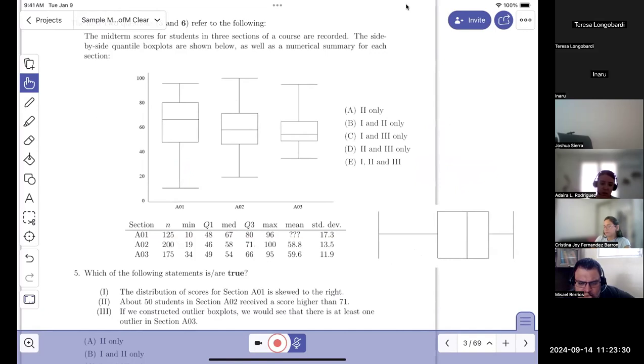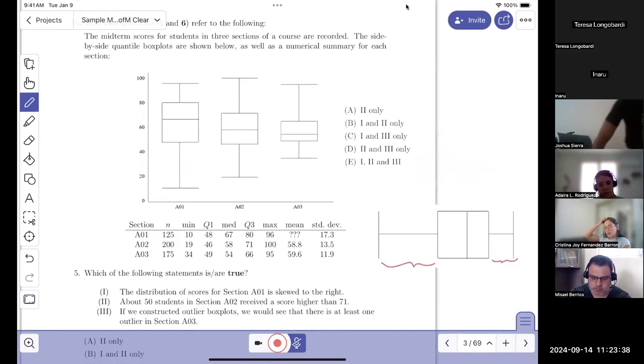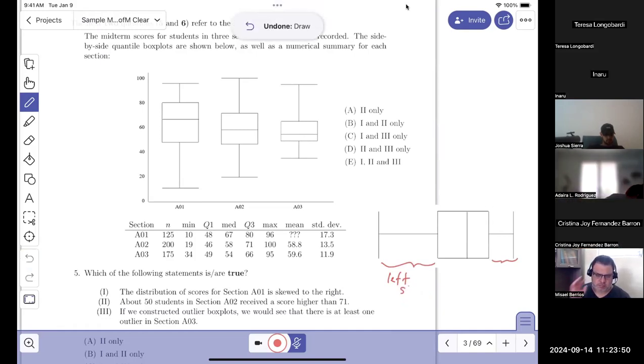Is this skewed to the right or skewed to the left? How do you check? You check outside of the whiskers and you notice that the left is longer. So left skewed on the outside. I wrote it wrong. Left skewed.